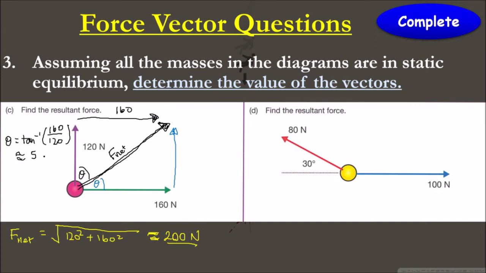About 35 degrees. Okay, so in that case, I could write as the answer, the net force is 200 newtons with a true bearing of 35 degrees. Okay, so it's cool.